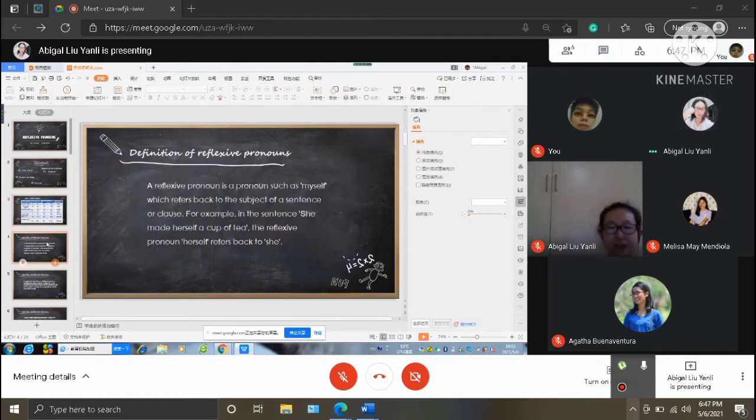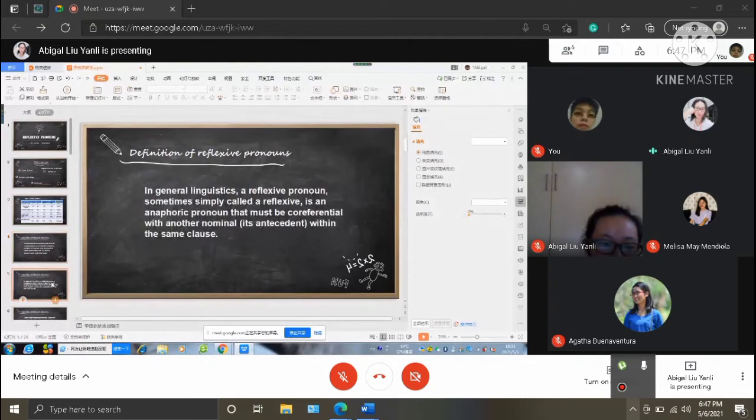So let's see the definition of reflexive pronouns. A reflexive pronoun is a pronoun such as myself, which refers back to the subject of a sentence or clause. For example, in the sentence, she made herself a cup of tea, the reflexive pronoun herself refers back to she.